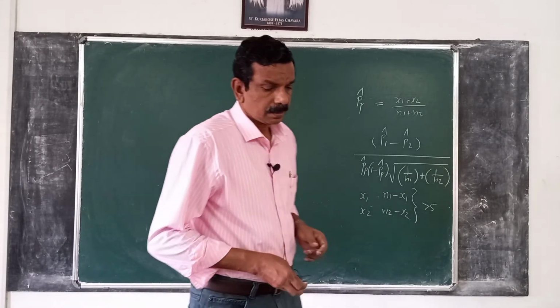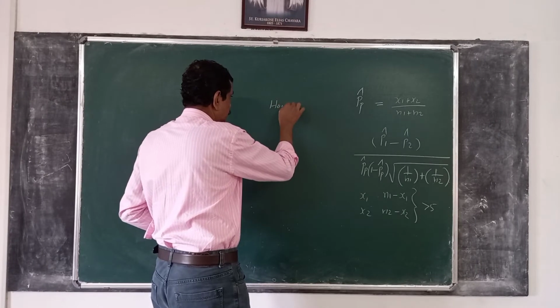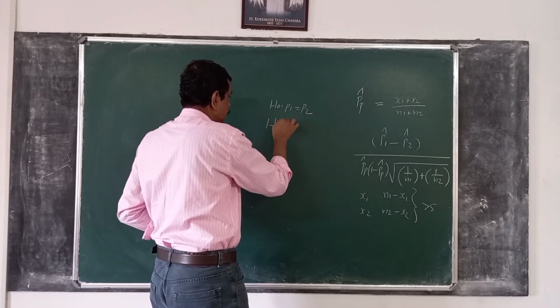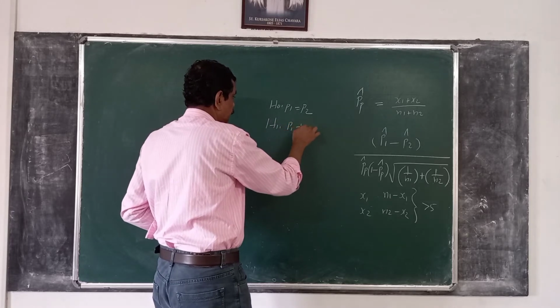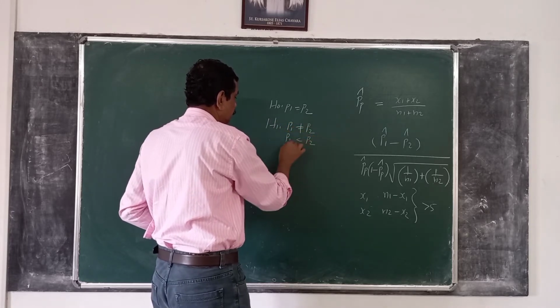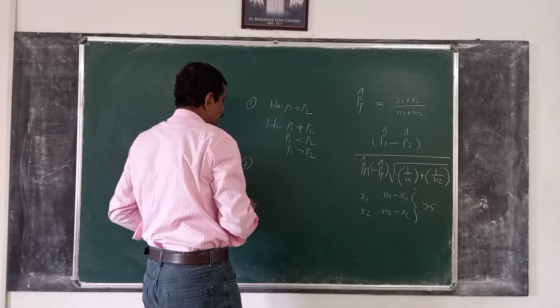Given these assumptions, the first step is H0: p1 equal to p2, and H1: p1 not equal to p2, p1 less than p2, or p1 greater than p2.